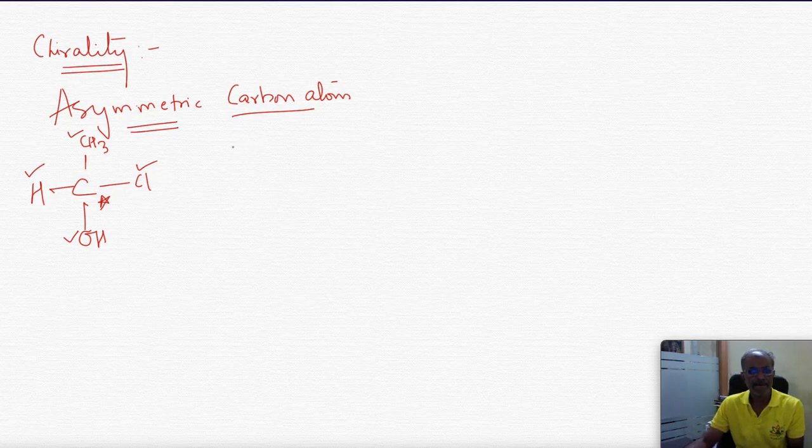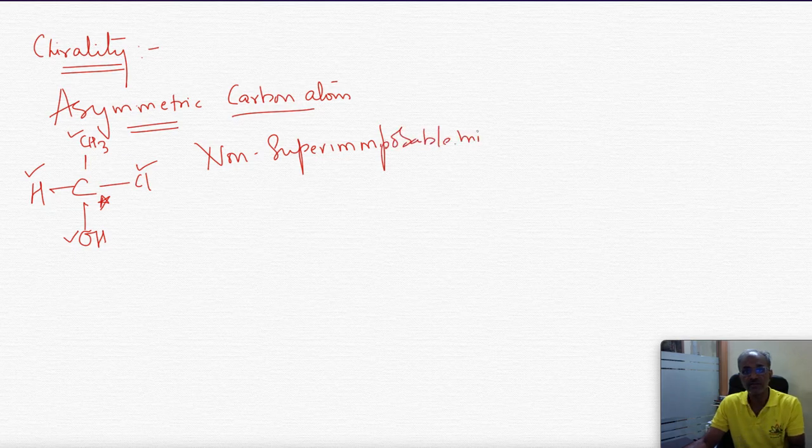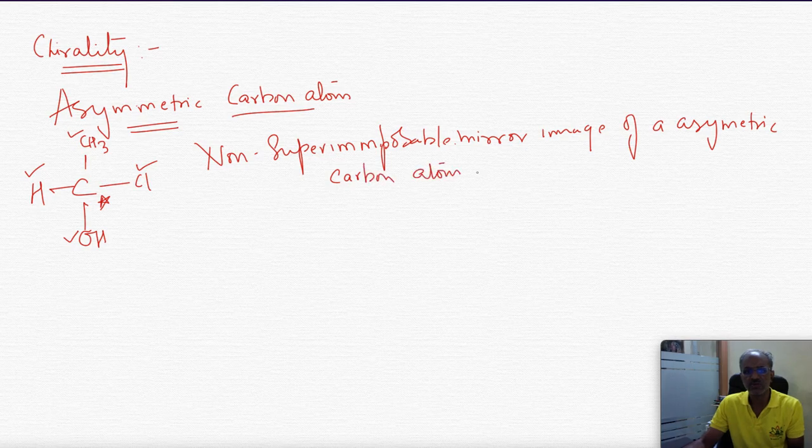Now we will see the non-superimposable mirror image of an asymmetric carbon atom, which is known as chirality.